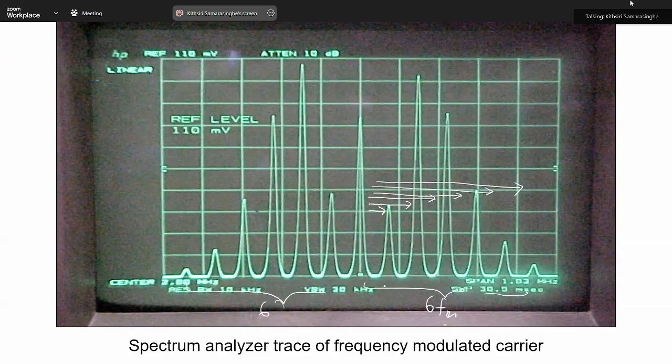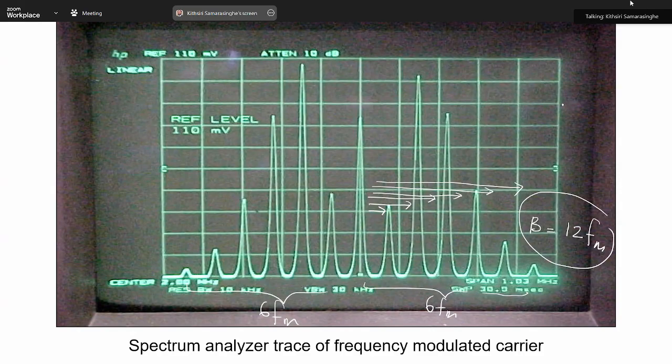And Fm is the modulating signal frequency, now 12 times that. Had I modulated this tone using AM, what would have been the modulated signal bandwidth? 2 Fm, right? We proved that earlier.